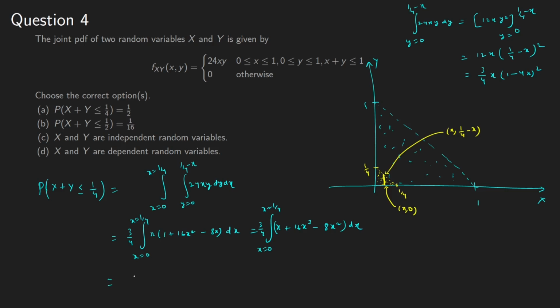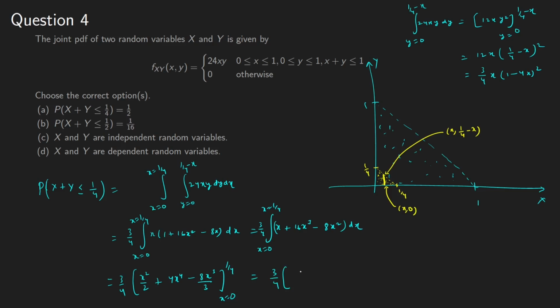So now we need to integrate it. x squared by 2 plus 16 x to the power 4 divided by 4, so it will become 4x to the 4 minus 8x cubed by 3, and x will go from 0 to 1/4.